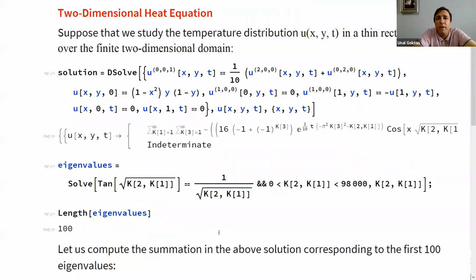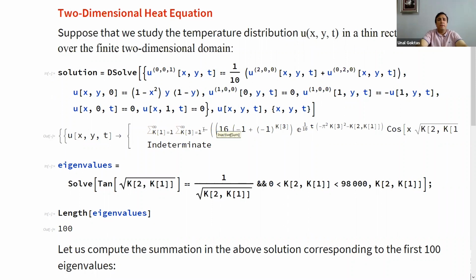So now we have the two-dimensional heat equation. In the input, the first piece is the two-dimensional heat equation in rectangular coordinates. The second one is the initial condition, and the rest are the boundary conditions. For this example, we have a mixture of boundary conditions like Neumann, Robin, and Dirichlet conditions.